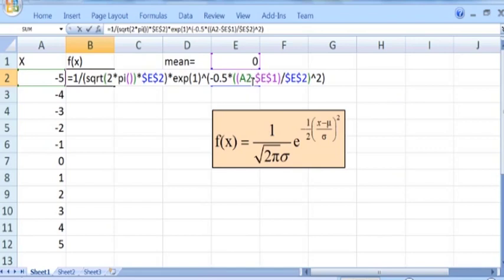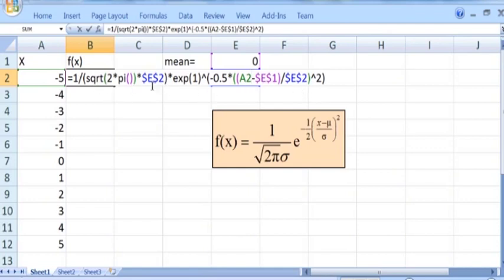Why? Because when we copy this command downward, this A2 will be changed to A3. So it means this f of x will be calculated for the next value of x, which is in A3, which is actually minus 4 in this case. Similarly, when you copy it further down, then the x will be minus 3. So for minus 3, the same formula will be calculated.